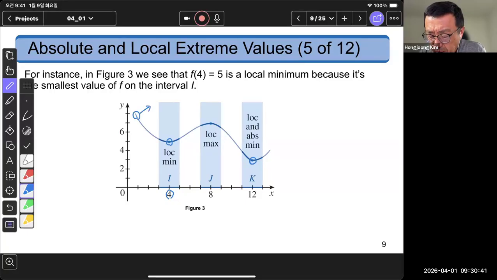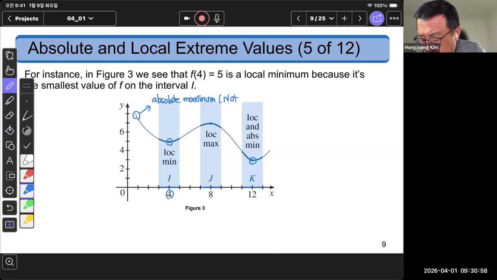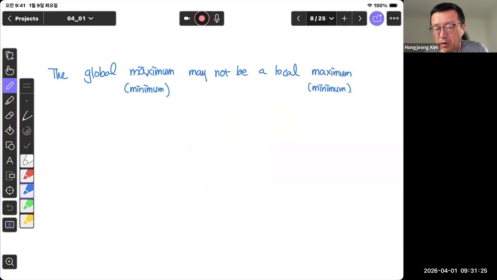So this is the global or absolute maximum, but it is not a local maximum, because I cannot find an interval around this point on which the value at the point becomes the largest. So the global maximum may not be a local maximum, okay?